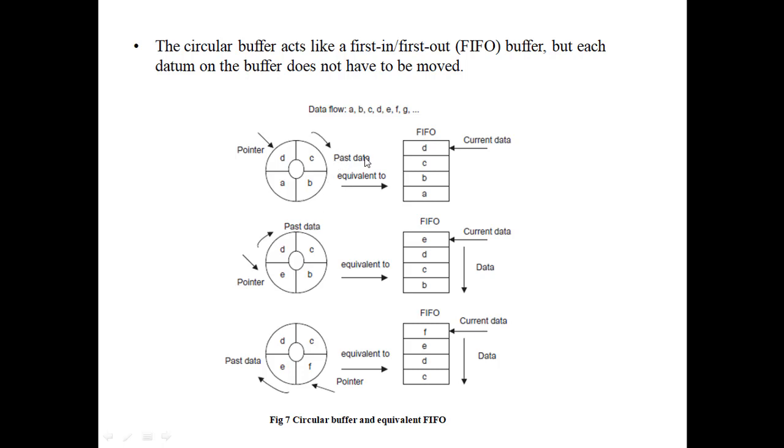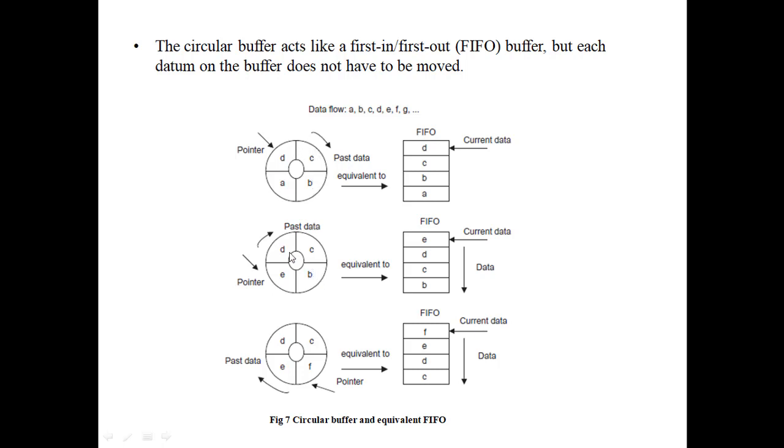Now when the new sample E comes, E occupies the oldest data's position. Which is the oldest data? A. So E occupies A's position.